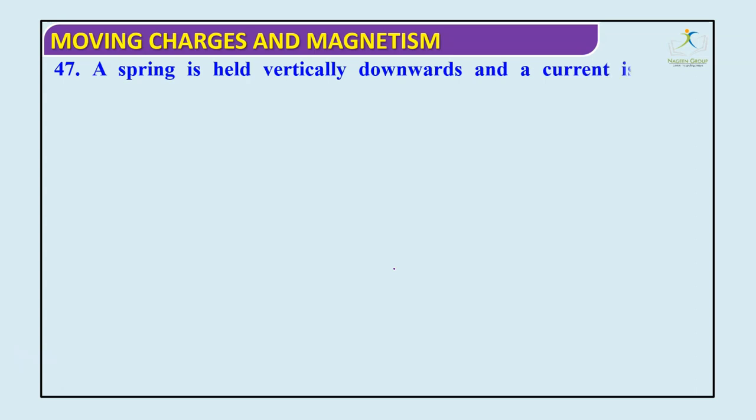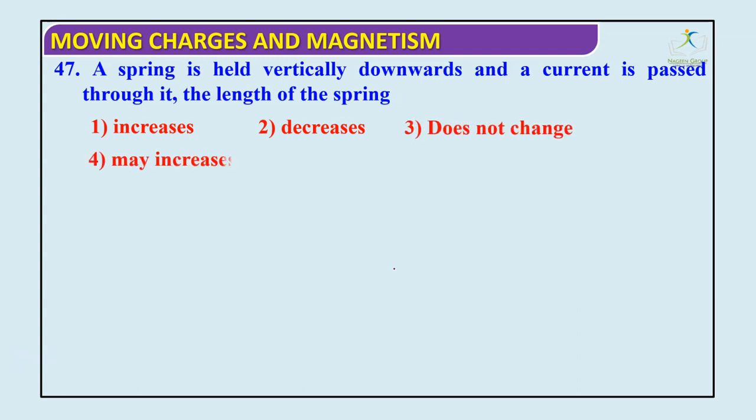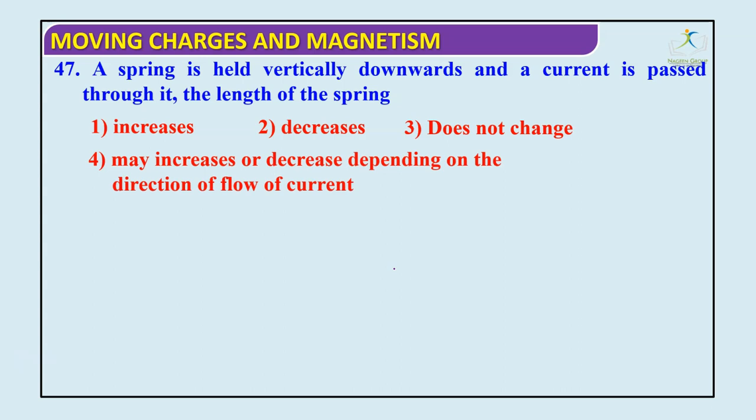Next, we have a spring held vertically downward and a current is passed through it. The length of the spring will increase, decrease, not change, or may increase or decrease depending on the direction of flow of current. The correct answer for this question is decrease.